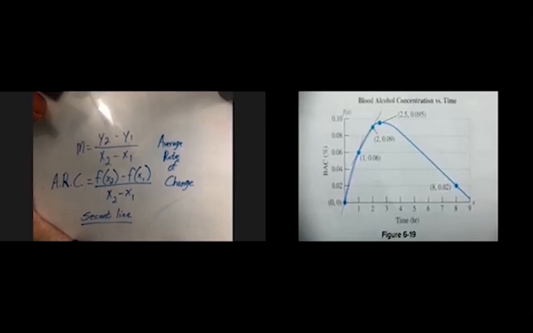Okay, so what we have here is a graph of blood alcohol concentration versus time. The x-axis is number of hours.